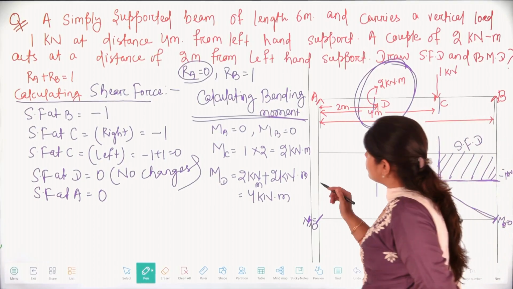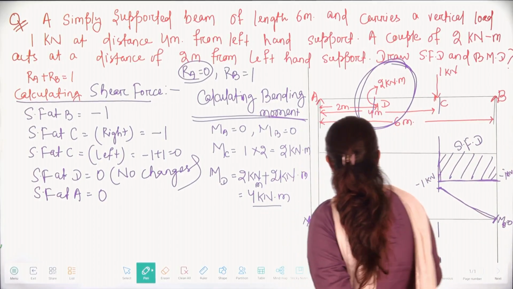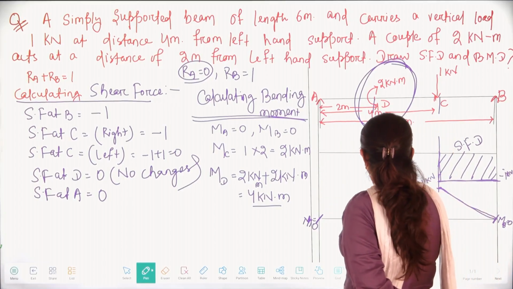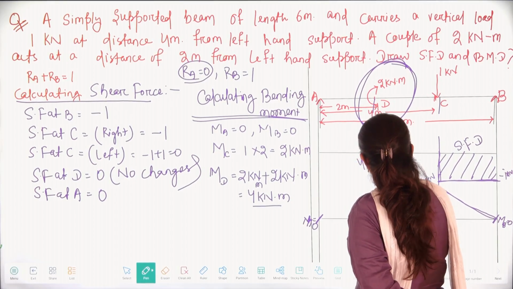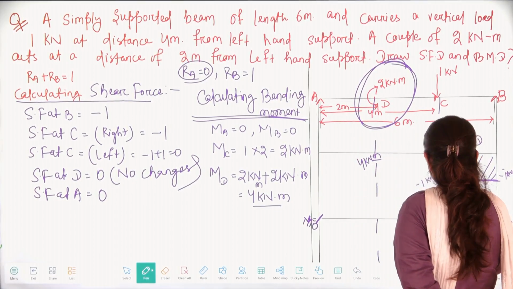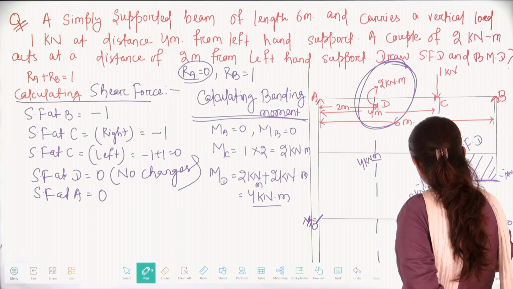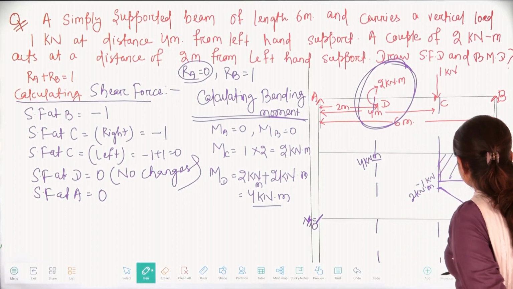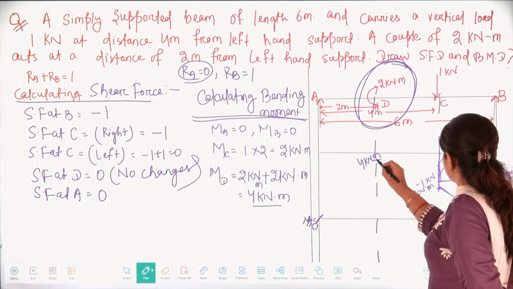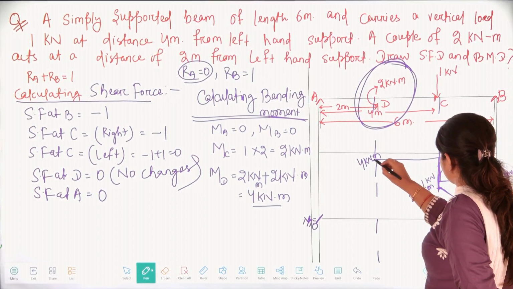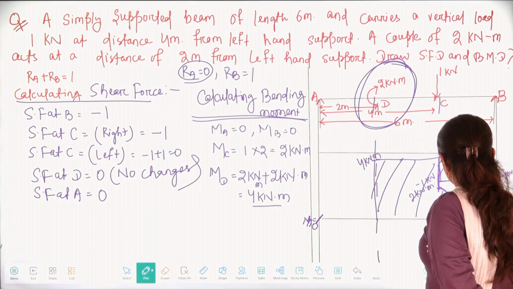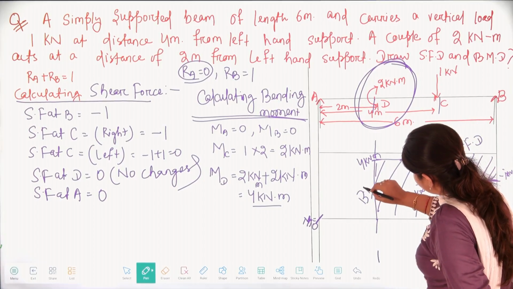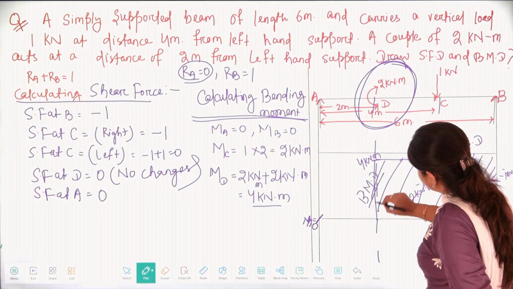And what? MD is your 4 kilonewton into meter, 2 kilonewton into meter. So this part is your nothing but BMD.